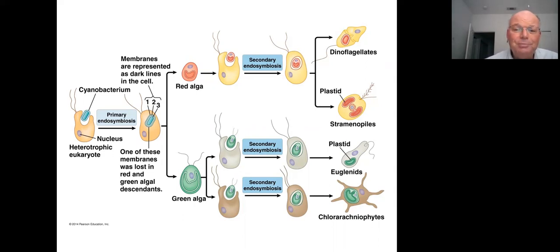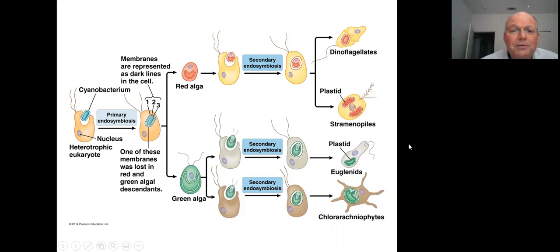So this may actually be a second primary endosymbiosis, not a secondary endosymbiosis. So if you're starting to get the idea that the evolutionary history of protists is somewhat complicated, good, because that's what it is. It is very, very complicated.